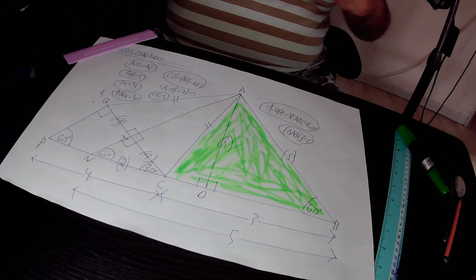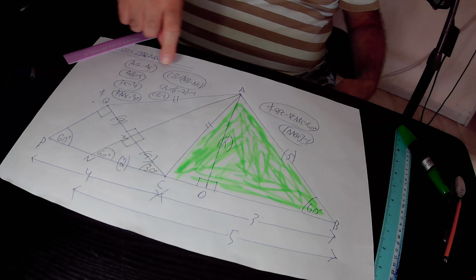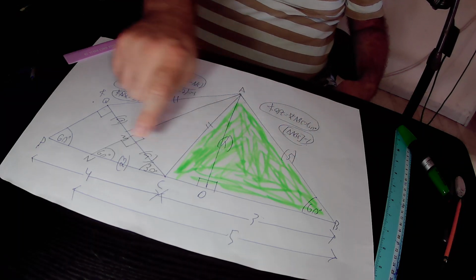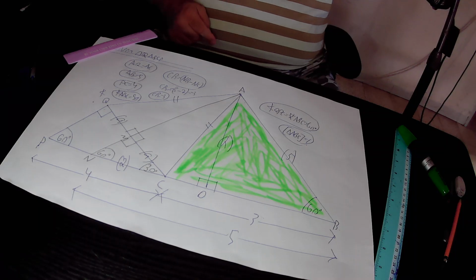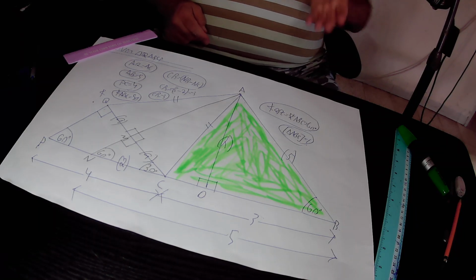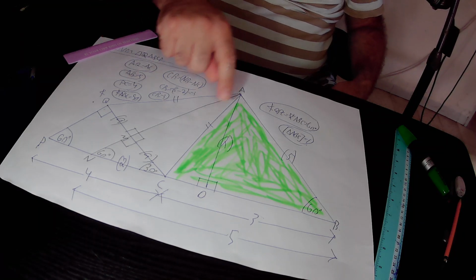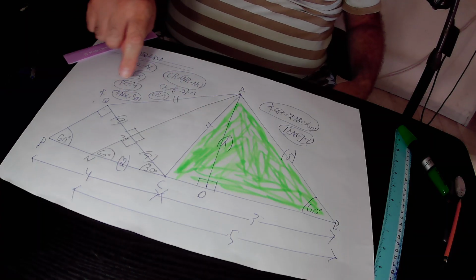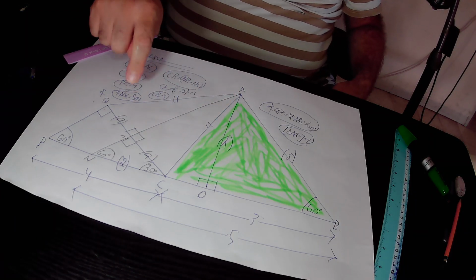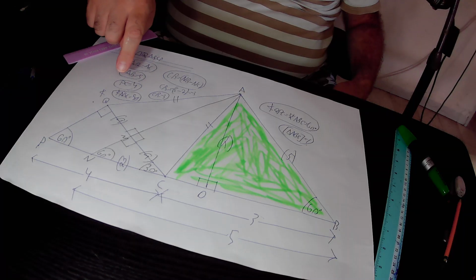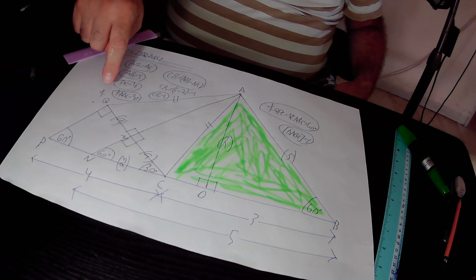So in the drawing, we have the big quadrilateral QABCP. It is given in the question that AQ equals AC. Therefore, triangle QAC is an isosceles triangle, and the base of the isosceles triangle QAC is QC.